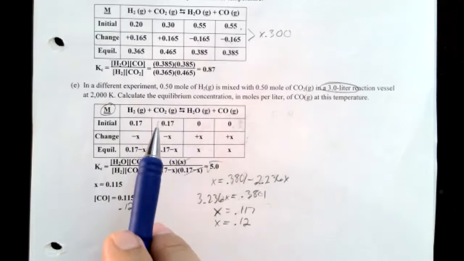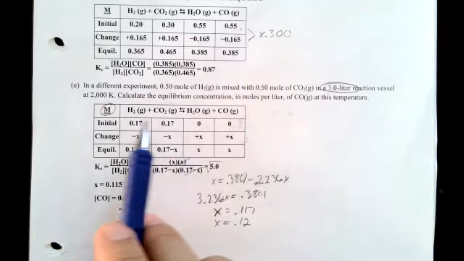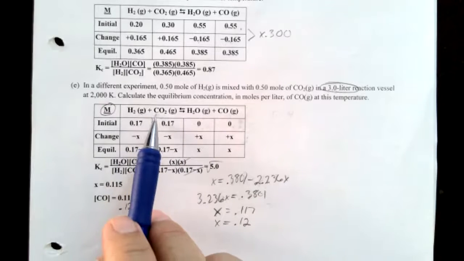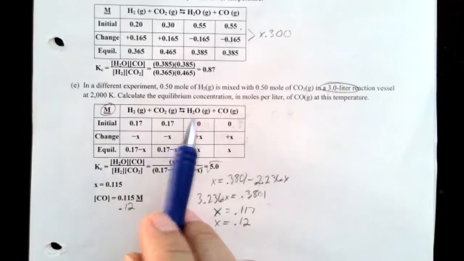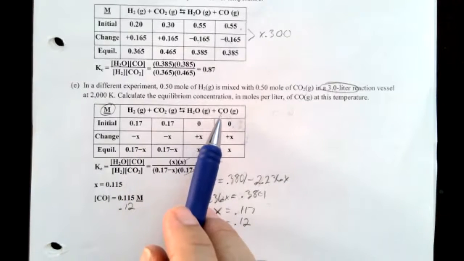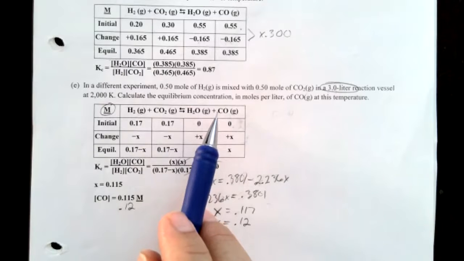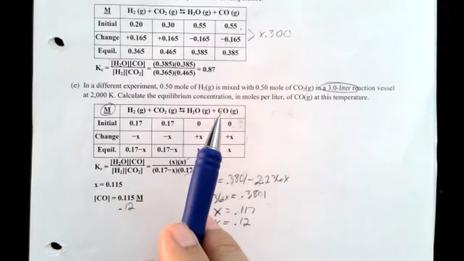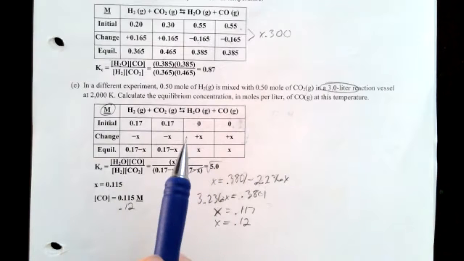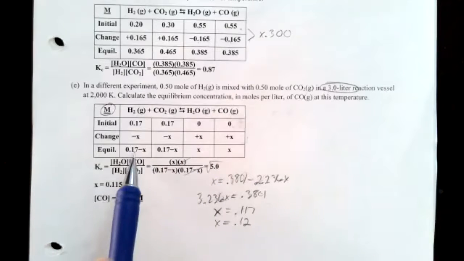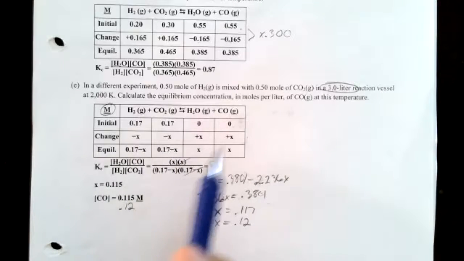So whatever X turns out to be, it's the same amount. We'll lose a certain amount of this, the same amount of that, gain the same amount of that, and gain the same amount of that. So at equilibrium, we'll subtract and add, and we will have these amounts.